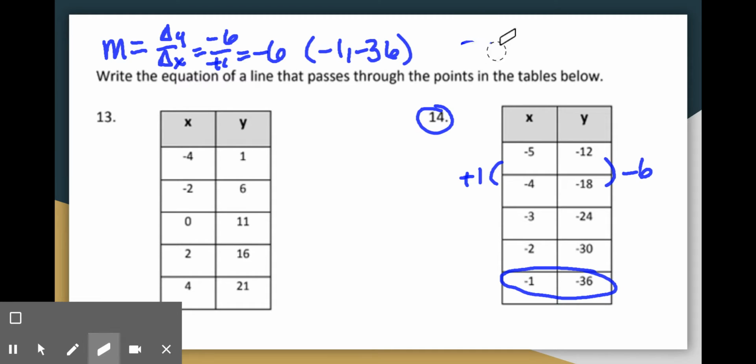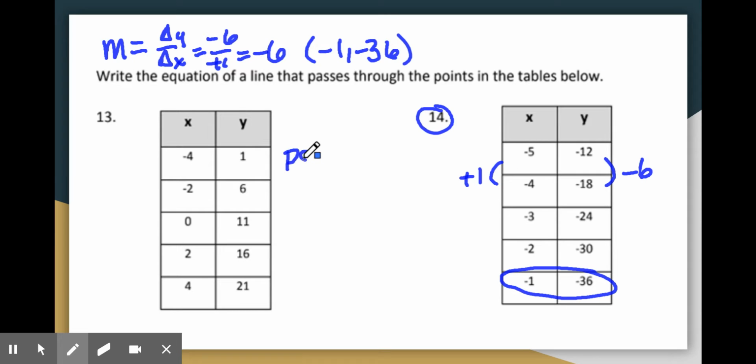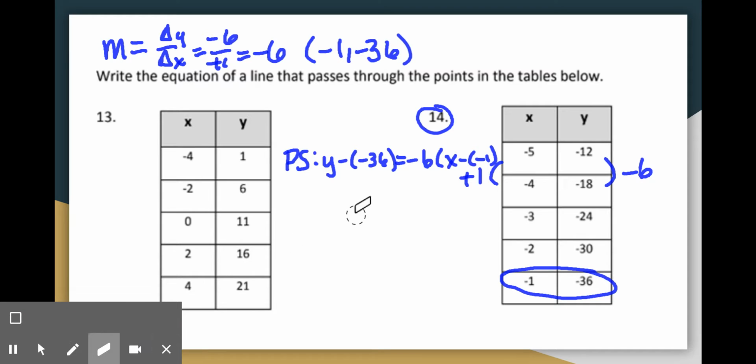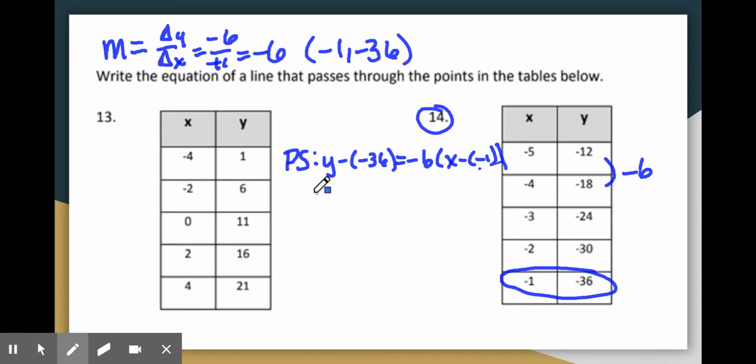Let me do it underneath, gives me a little more room. y minus negative 36 equals negative 6(x minus negative 1). Let me clean this up a little bit. I get y plus 36 equals negative 6(x plus 1).